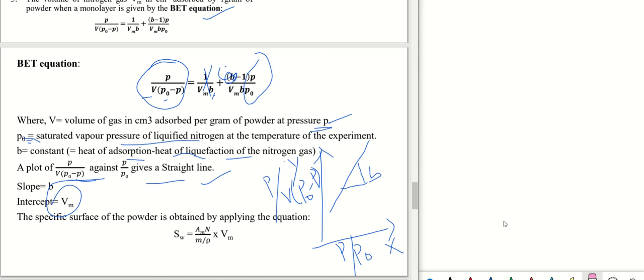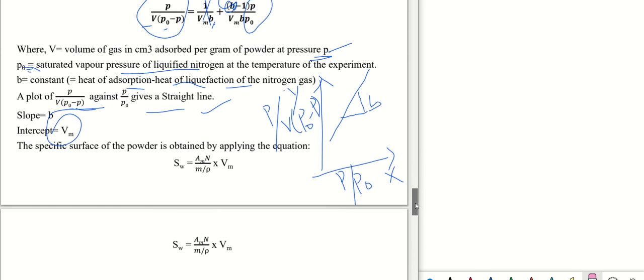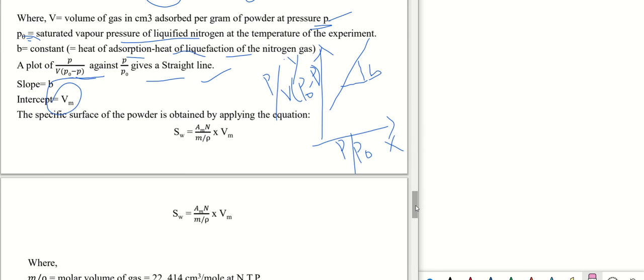So from this data, we can calculate the specific area. So we will be taking this intercept value into consideration to determine the specific surface area of the powder sample. Now the specific surface area Sw is equal to Am into N by M by rho into Vm.